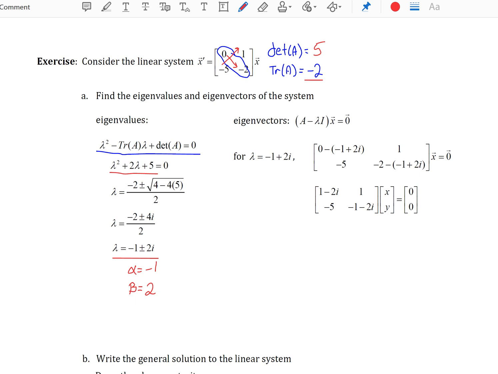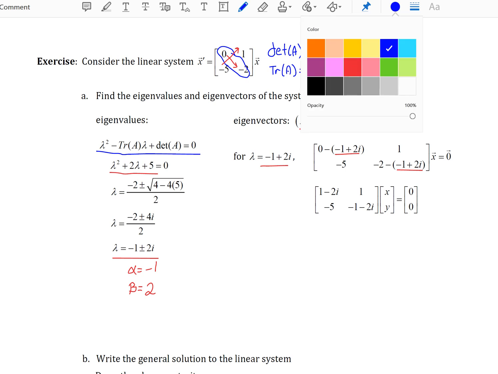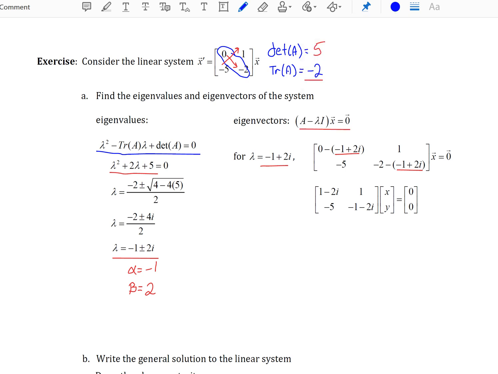Now we have to go look for our eigenvectors. And remember, when looking at the equation A minus lambda I times x equals 0, we're always subtracting our eigenvalue off of the main diagonal only. And if you were to simplify, you get this matrix. Now when looking for our eigenvectors, remember this matrix is always singular, which means one of these rows has to be a multiple of the other.